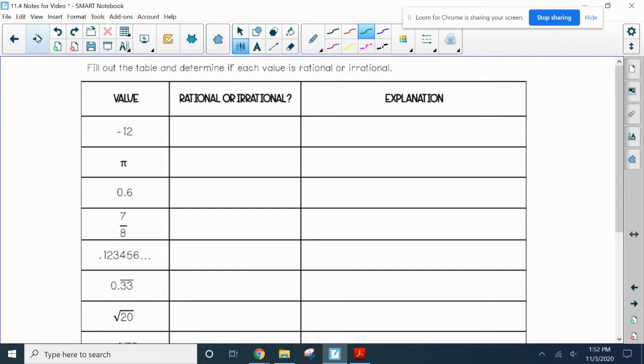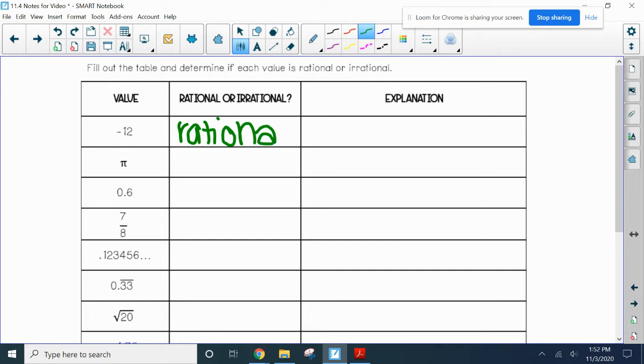All right, so let's look at a couple of examples. I'm going to go through this with you, and I'm going to ask you to respond and think as to what you think this is as we go. So the first one I see is negative 12. Do you think that's rational or irrational? Why do you think that? All right, so if you said that negative 12 was rational, you are right. Why is negative 12 rational?